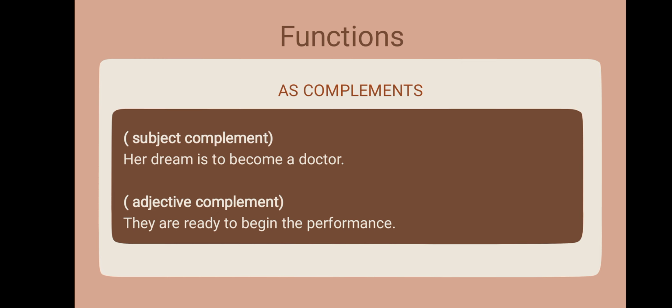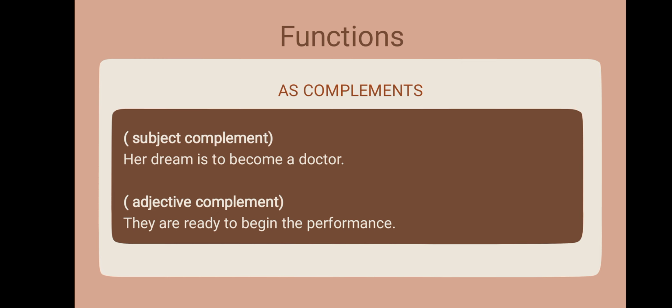Her dream is to become a doctor. So, to become a doctor is the subject complement. It gives more information about the subject and explains actually what her dream is.